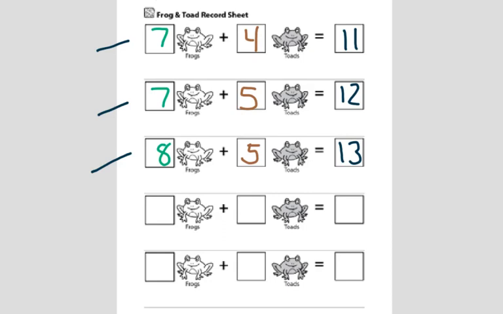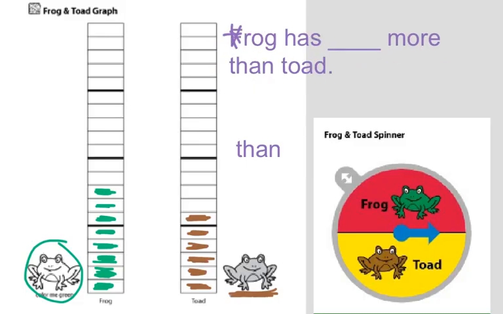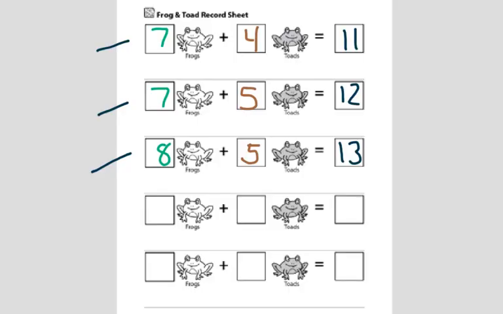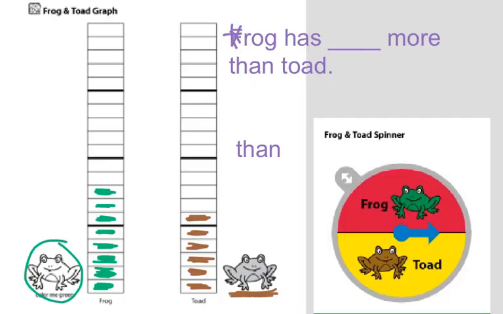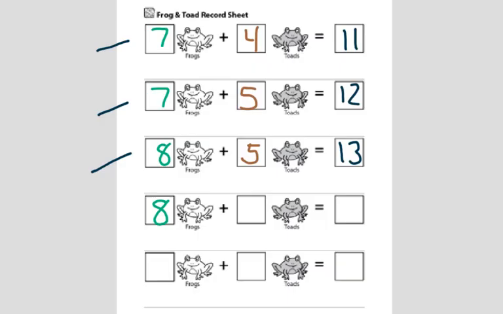Today, how many frogs do we have? Still 8. Today, how many toads do we have? Six.